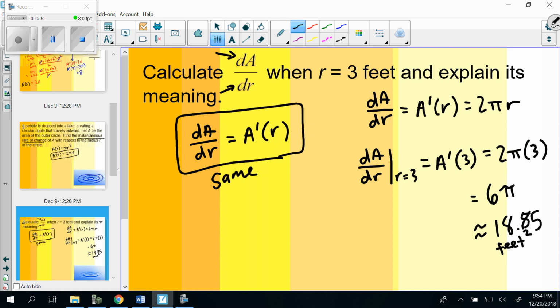That's how fast it's expanding when the radius is 3 feet. So this would be how fast the area is growing when the radius is at 3 feet. That's what we're finding. That's what that means.